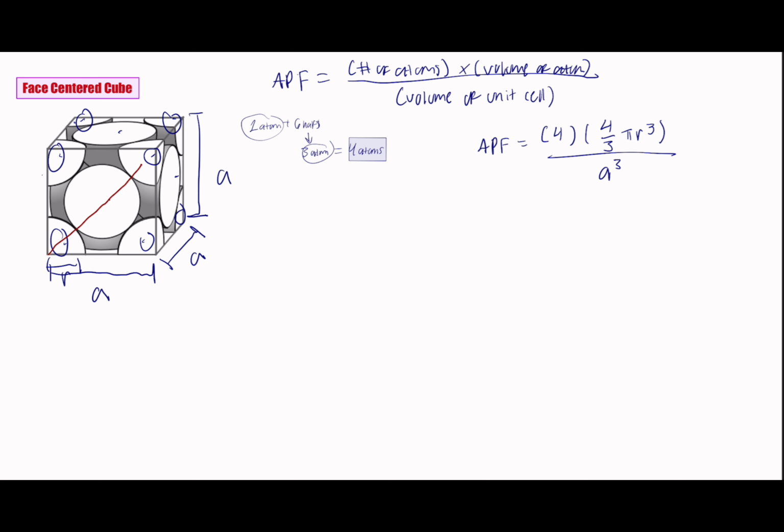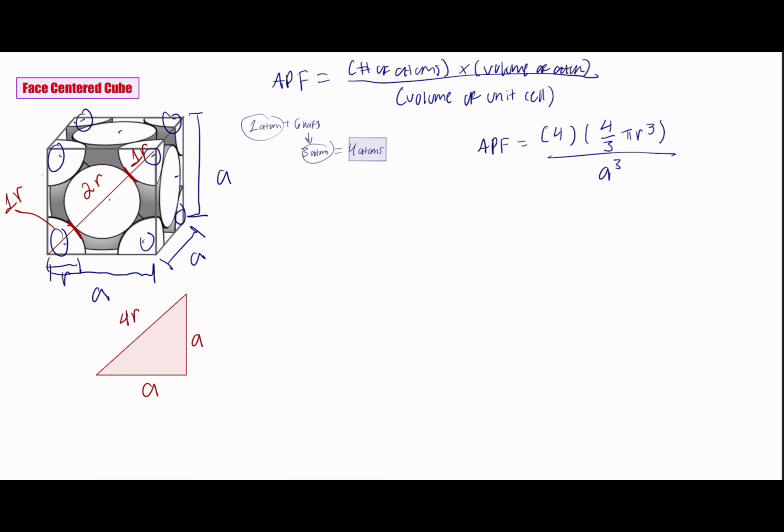To find the relationship between a and r, we can see that this will be 1 r, this will be 2 r's, and this will be another r. If we draw out the triangle, this side will be 4r, this will be a, and this will be a.